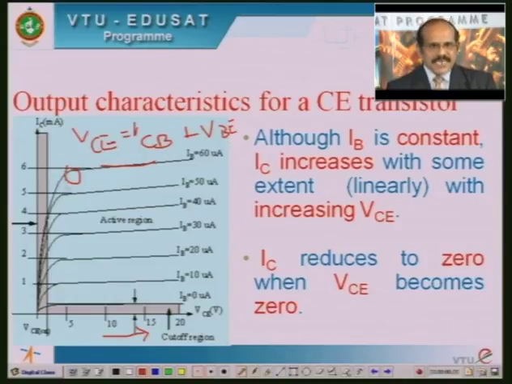At this knee point, VCB will be 0. So further reduction of VCE will forward bias the collector base junction, and therefore the collector current will reduce to 0. That point you can note here.